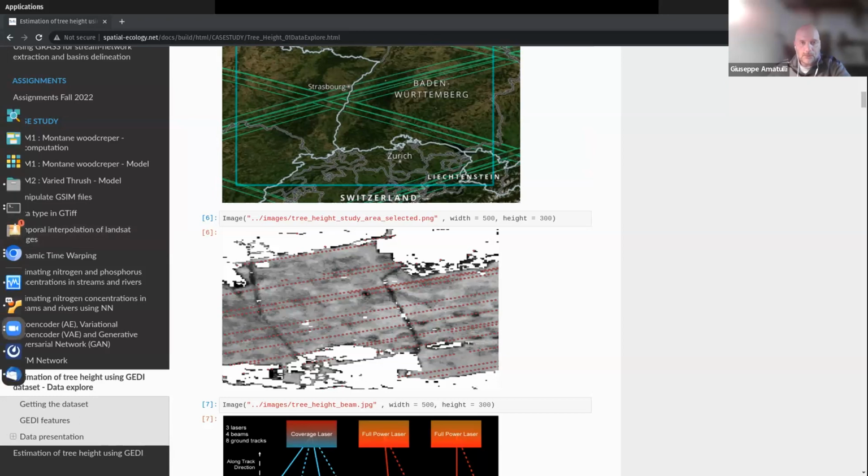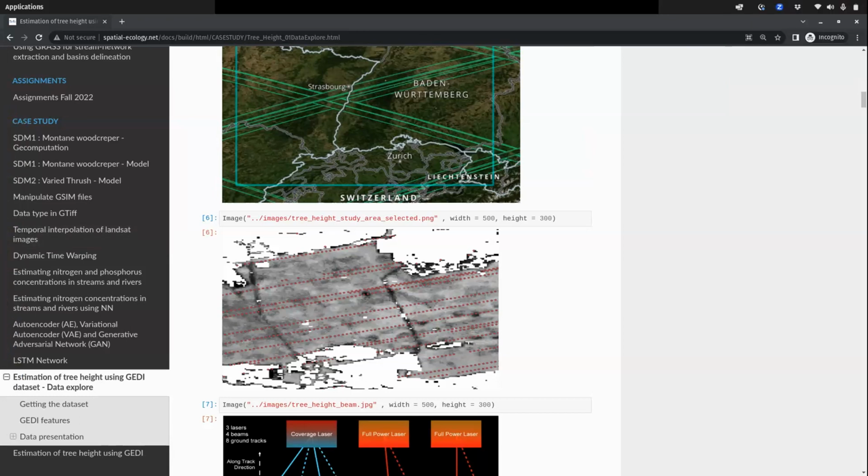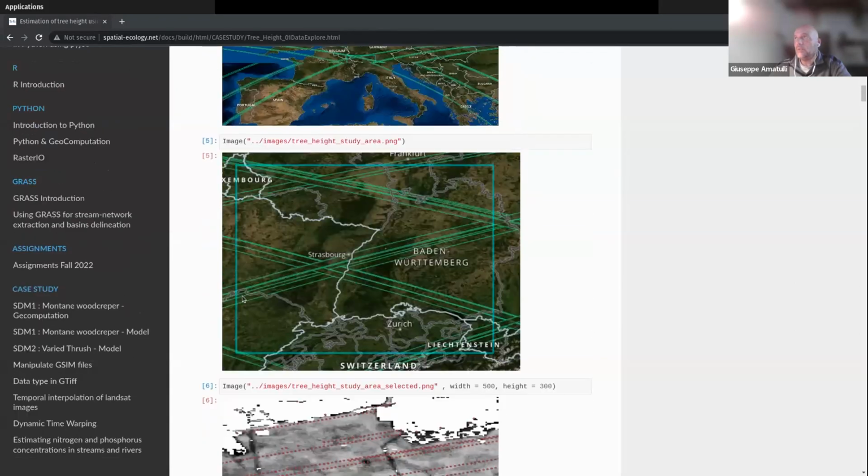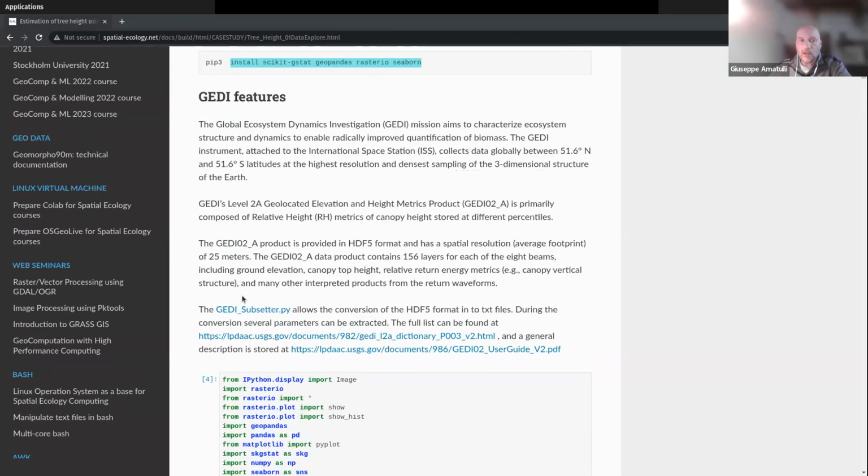Milutin, go ahead. Giuseppe, what are the training data? Is it GEDI data itself or airborne LiDAR or something? No, this is the GEDI data that has been extracted from the GEDI HDF files.